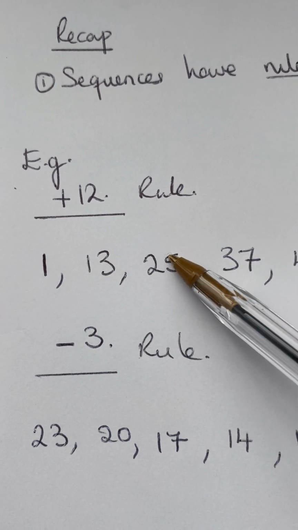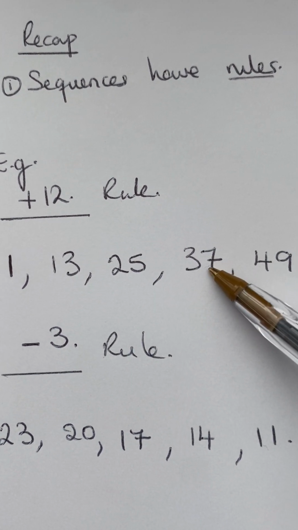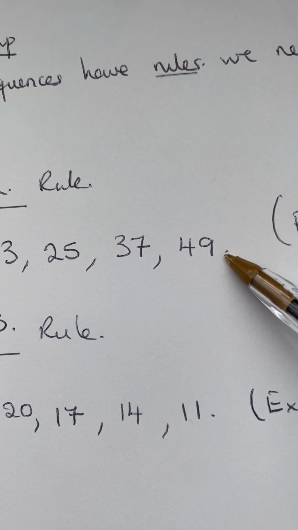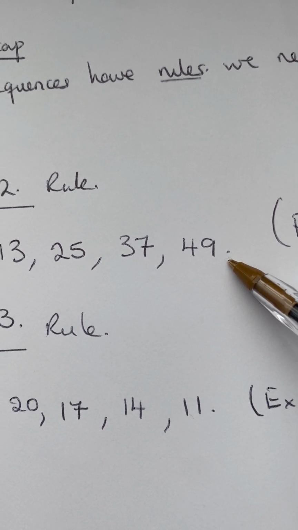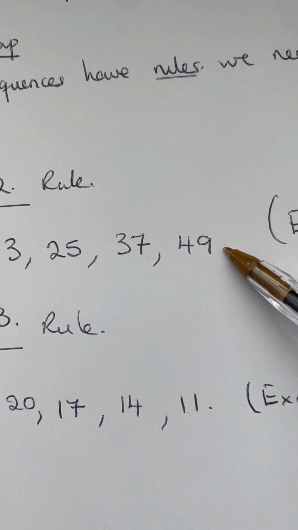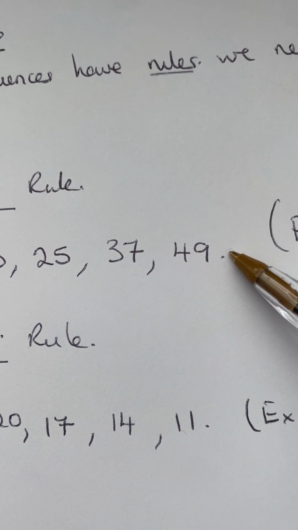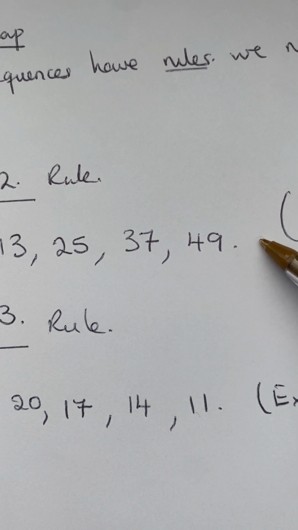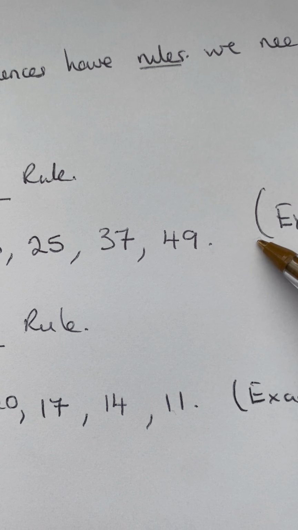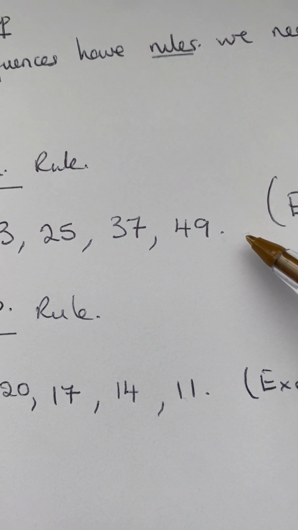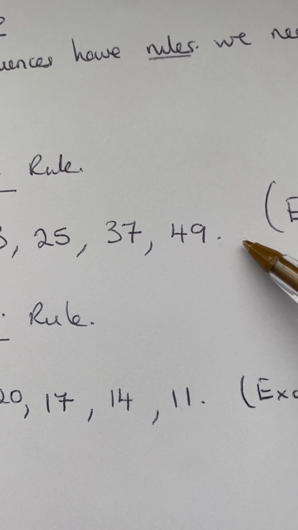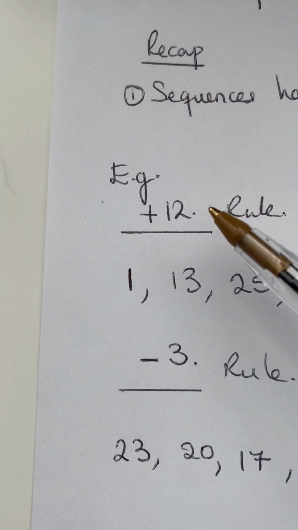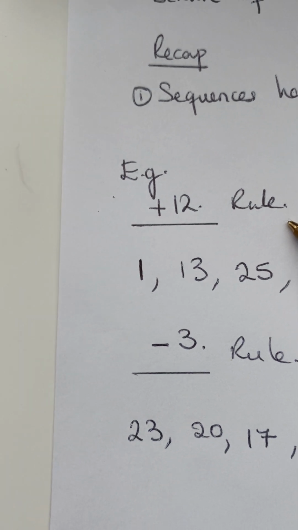When you add 12, you get the next number, and it stops. A sequence that stops is called a finite sequence. The one that doesn't stop, where we use 3 dots, is called an infinite sequence. So the rule here is plus 12.